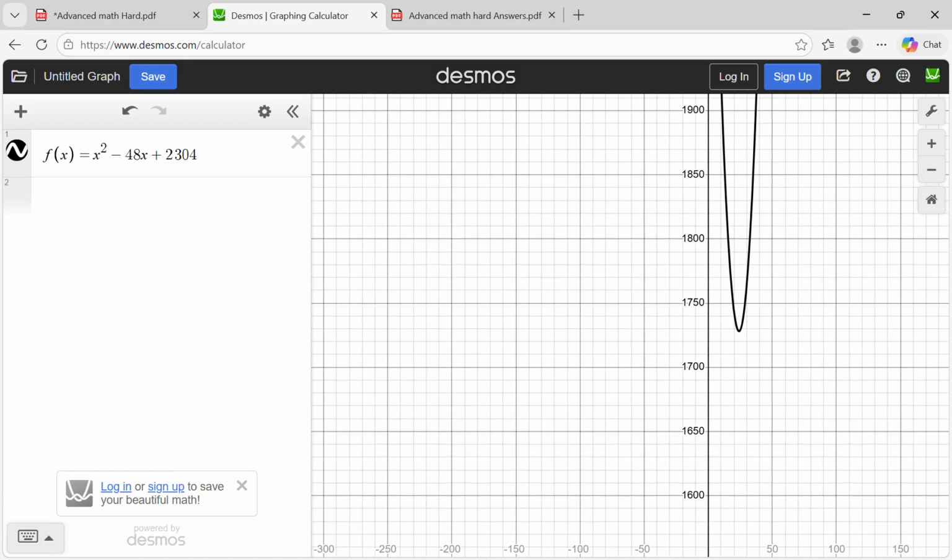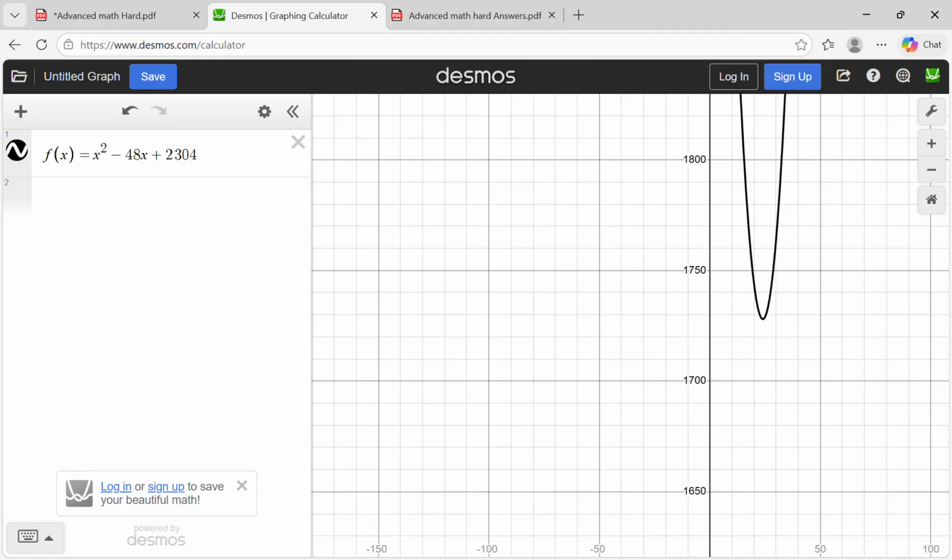It's too far, so you'll have to search for it. You have to zoom out as much as you can till you see the graph. You can see here that the lowest point, the y coordinate, is 1728 and the corresponding x coordinate is 24. So that's how you can find the vertex of a quadratic equation using Desmos.